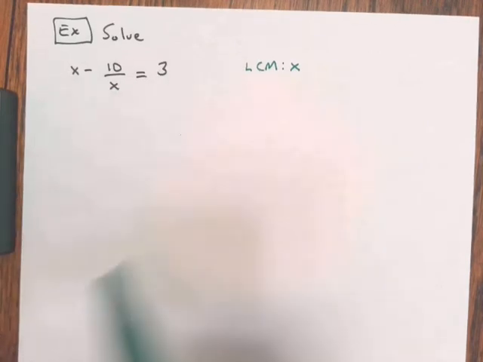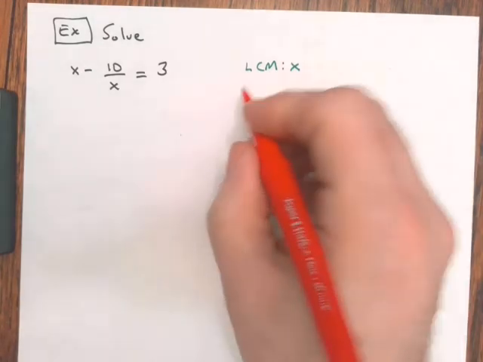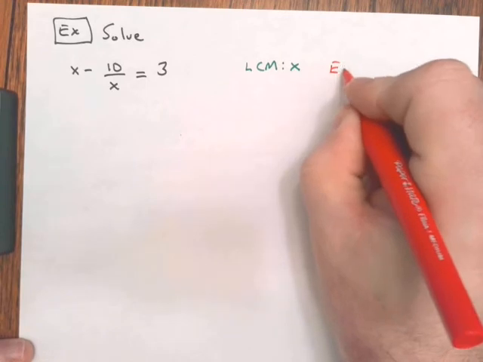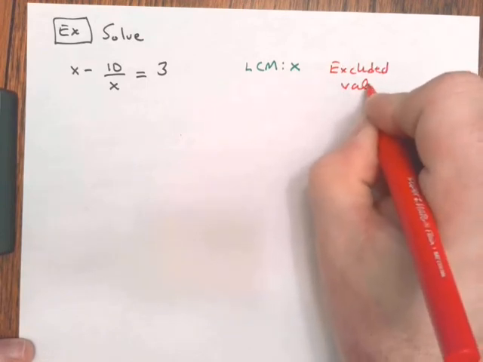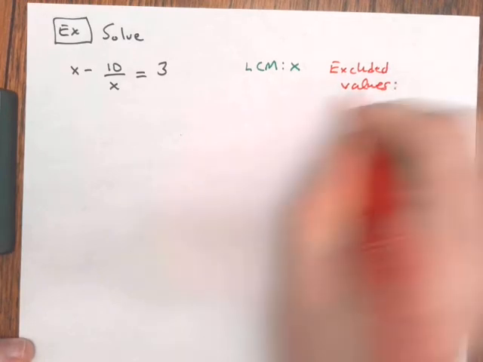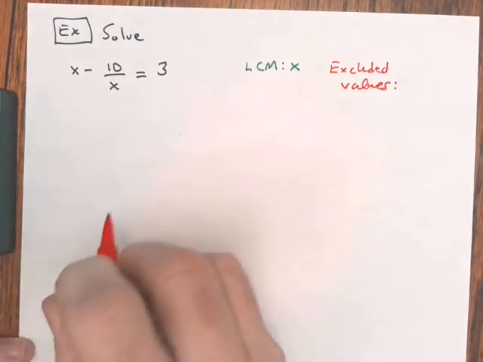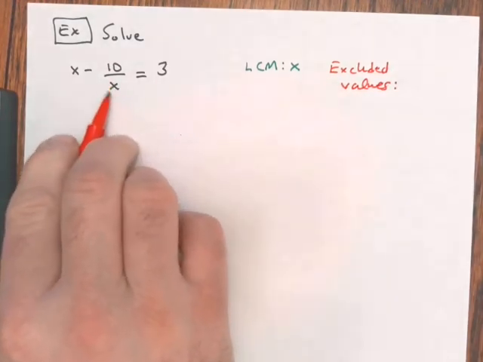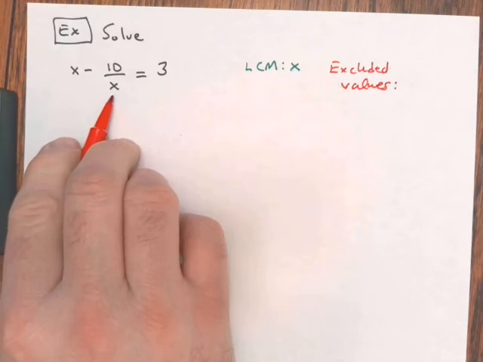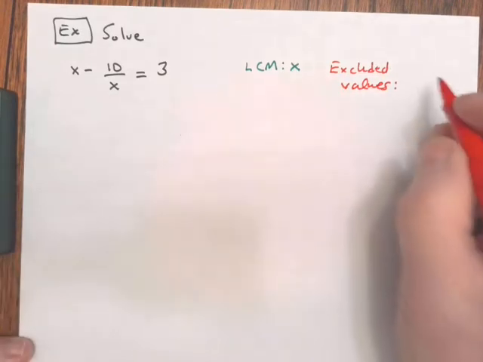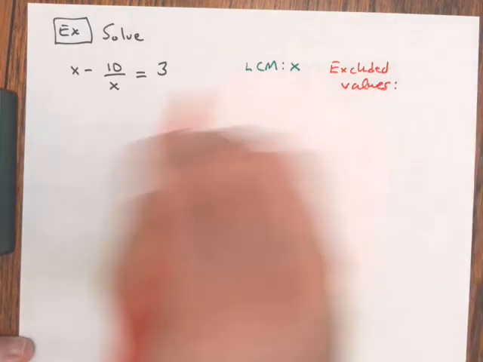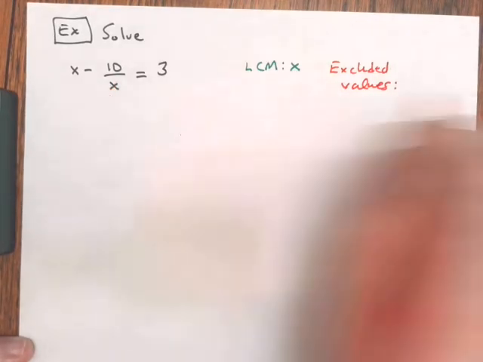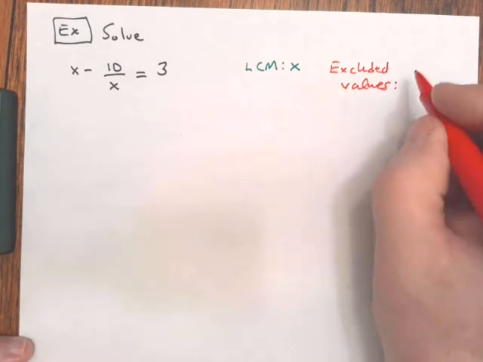There is the possibility that we might end up dividing by 0 because some of these fractions have variables in the bottom, specifically this one. And we can't divide by 0 or we get an error, so we need to exclude values. In this case, just a value, and it would be the number 0.